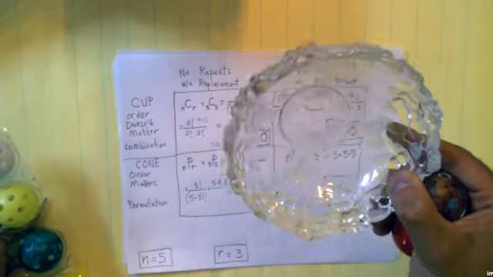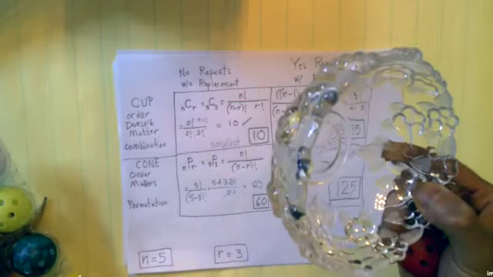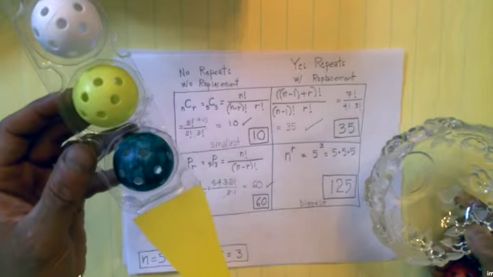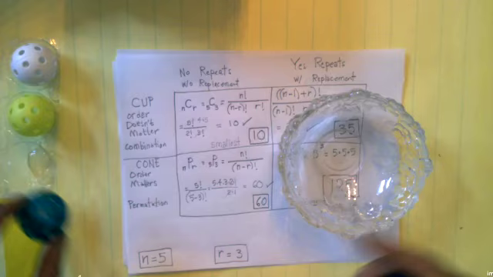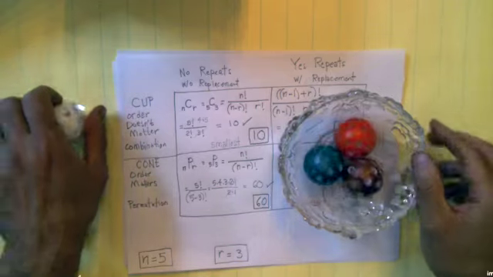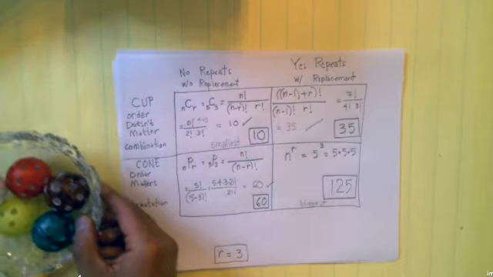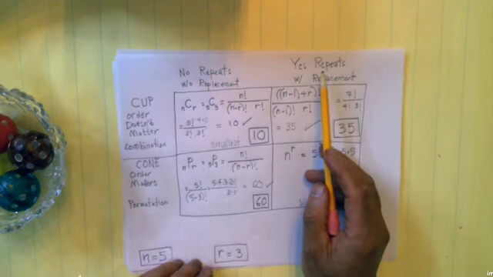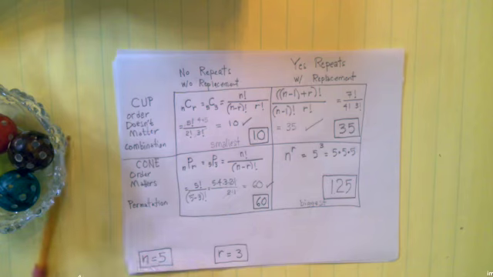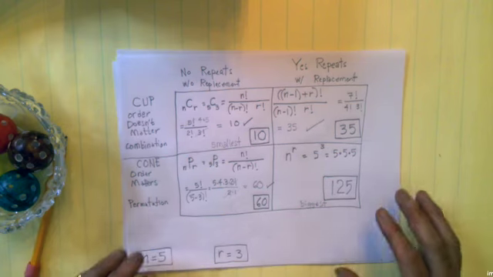In a cup, the order doesn't matter. We call that combinations. In a cone, the order matters. We call that permutations. And to complicate things further, you can distinguish between repeats allowed and repeats not allowed, which means with replacement or without replacement. Does the ice cream parlor replace the scoop that they give you every time before they give you another scoop?